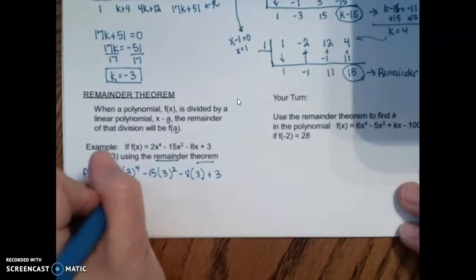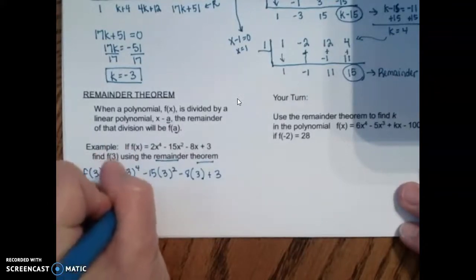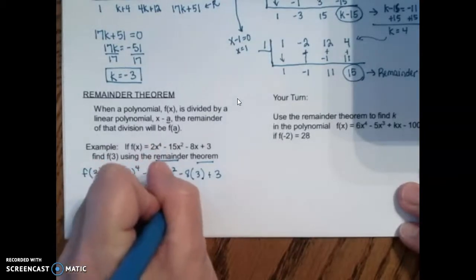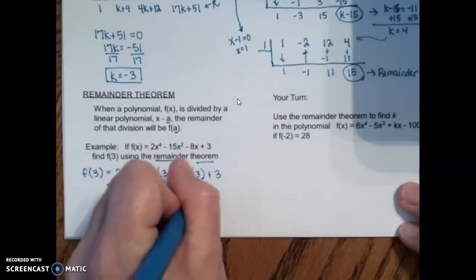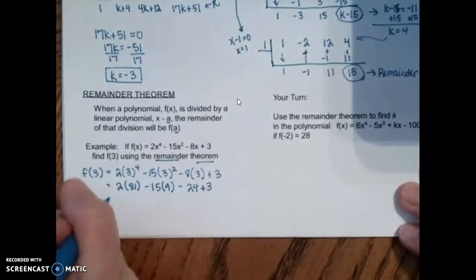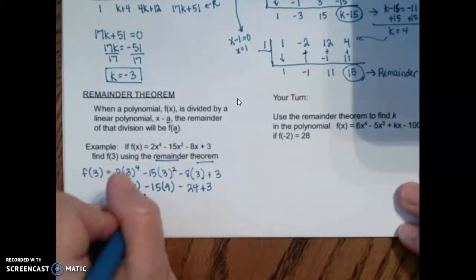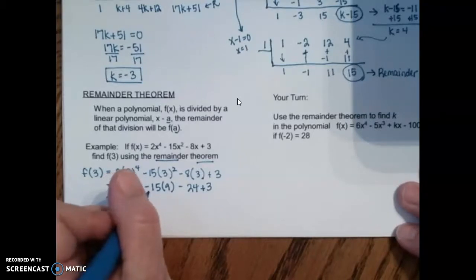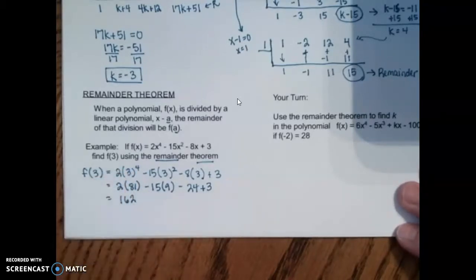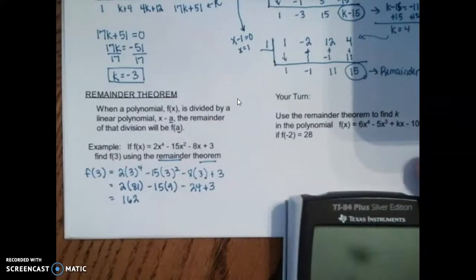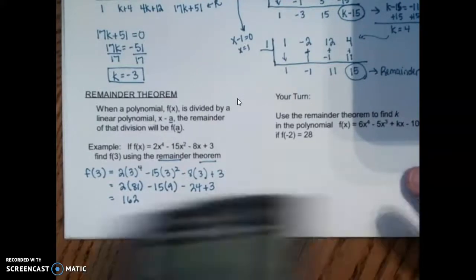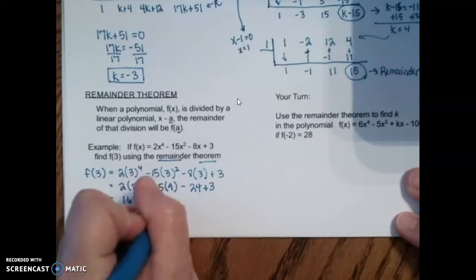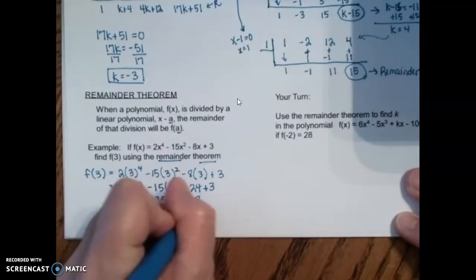So 3 to the 4th is 81. 3 squared is 9. 8 times 3 is 24. So then we're just combining. So this is going to be 162. This is going to be minus 135 minus 24 plus 3.